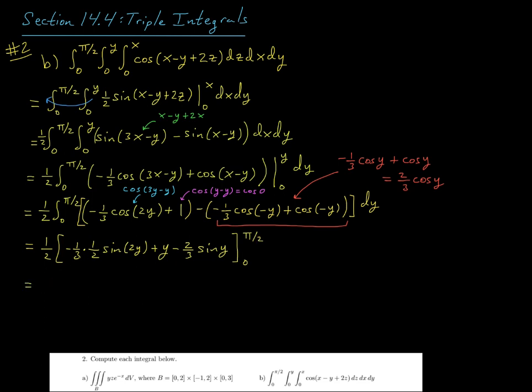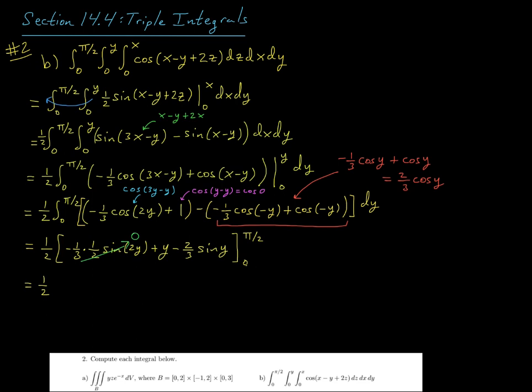So we're getting there. When I plug in pi over 2 for y, I'm going to get the sine of twice pi over 2. That's going to be the sine of pi, which is 0. That's awesome. And notice when I plug 0 in for y, this is also going to be 0. So this thing actually is really just going to contribute a 0. How about the y?